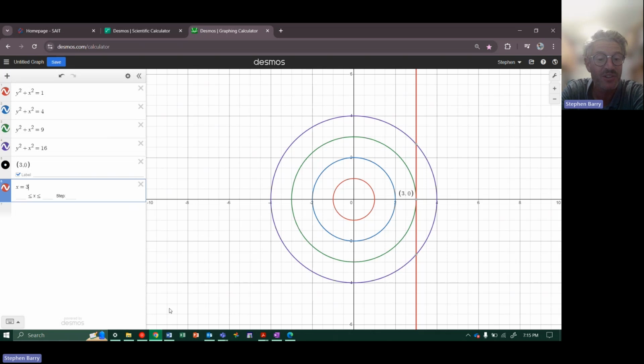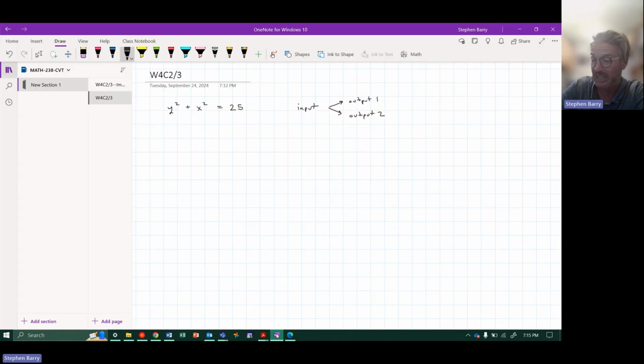So in those situations, you need what's called implicit derivative knowledge. All right. So here's how you take the derivative without isolating for x. So implicit derivatives equals when y is not isolated.